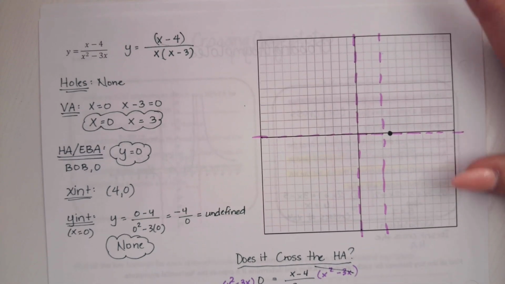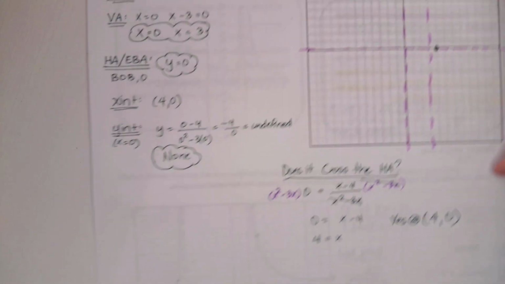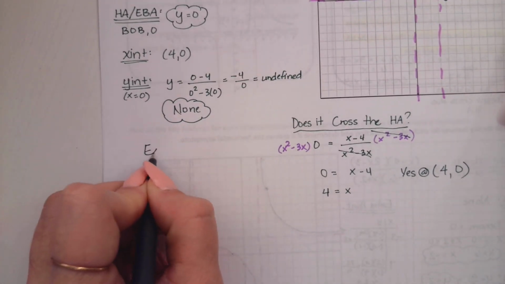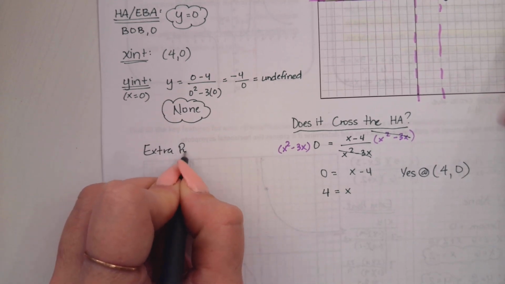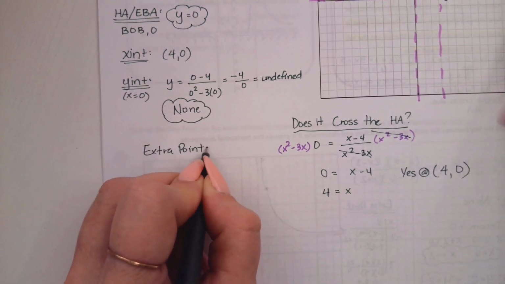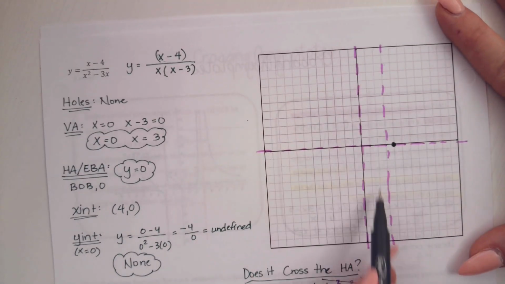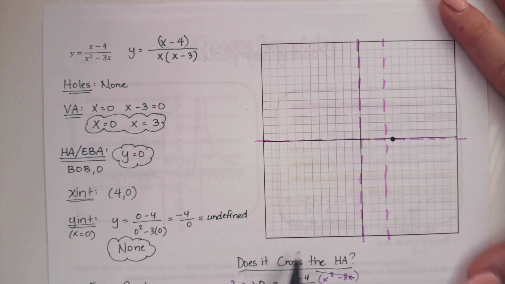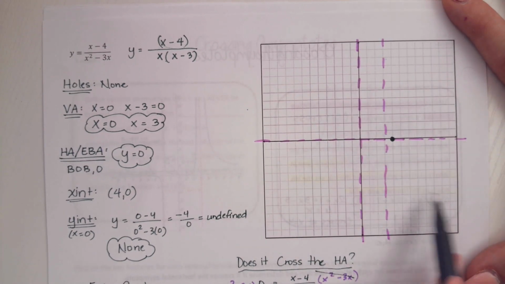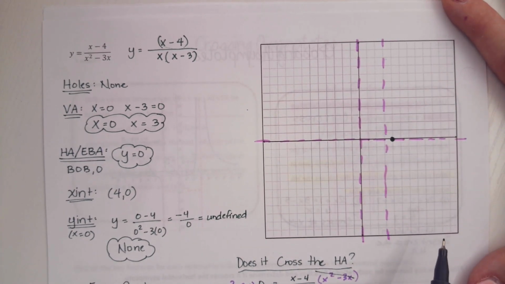Okay, so extra point time. We're going to have a branch in the middle, a branch on the left of 0, and a branch on the right. Do I have enough info to graph any of them yet? No. What do y'all want to plug in?